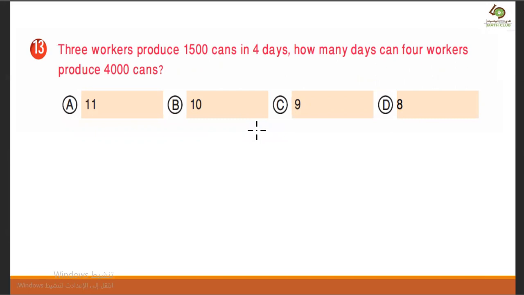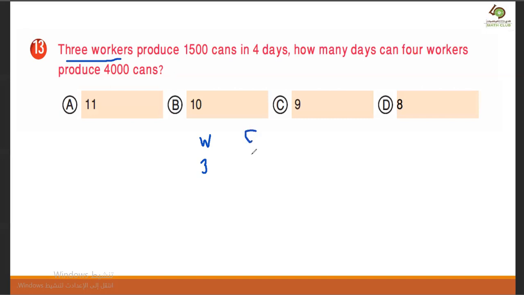3 workers produce 1,500 cans in 4 days. How many days can 4 workers produce 4,000 cans? Now, if I have 3 quantities, we have subject and objects, or produces and times. Now, we have the subject here, 3 workers, right? We write it here, workers, 3. And produce 1,500 cans.